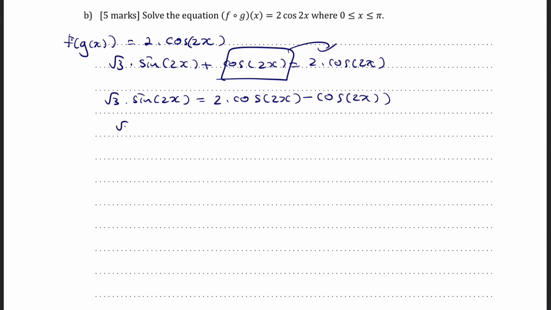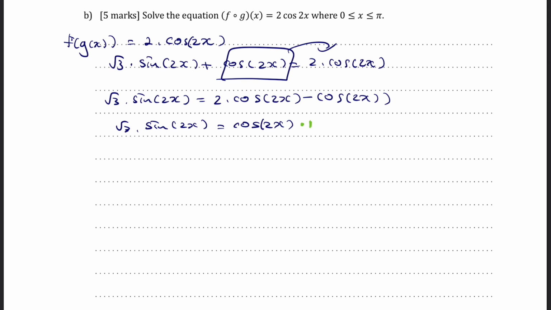Then we have square root 3 sine 2x, and it is equal to cosine 2x. Now we're going to identify that hidden 1 that is multiplied into cosine 2x, so we can solve for x.